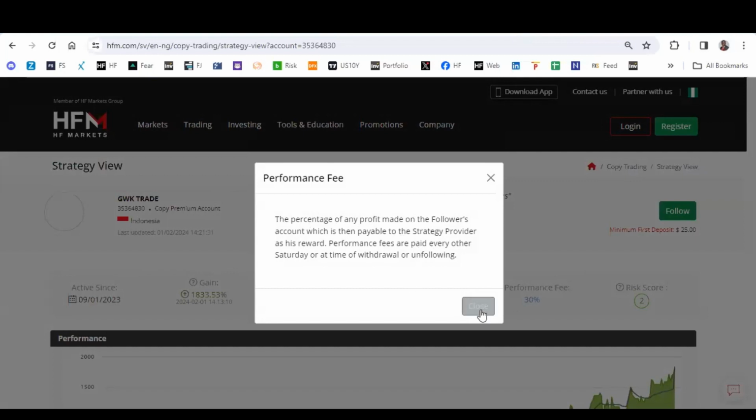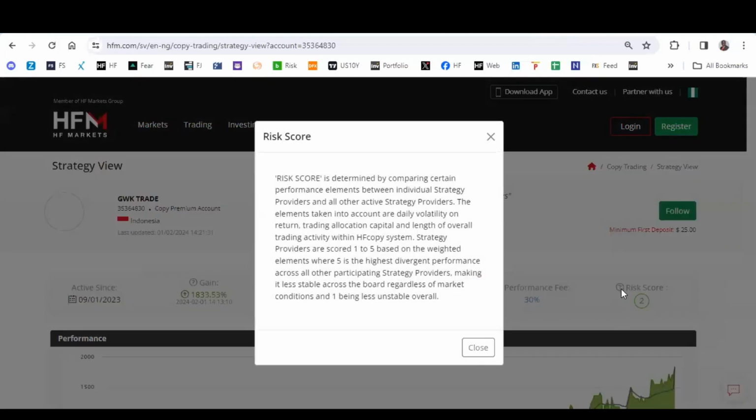So that's that. And then you have the risk score. What exactly does this risk score measure? The risk score is determined by comparing certain performance elements between individual strategy providers and all other active strategy providers.